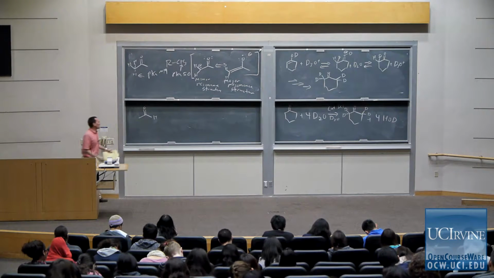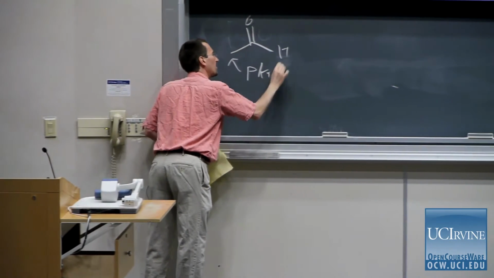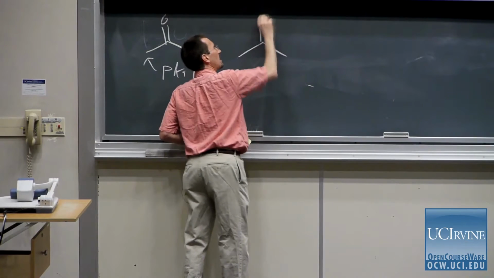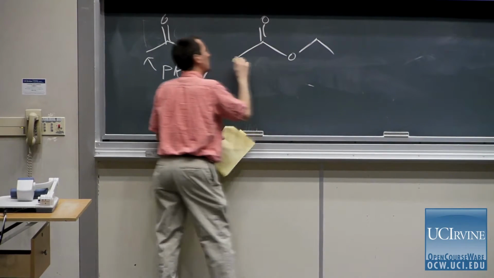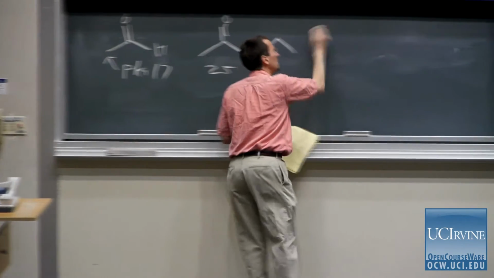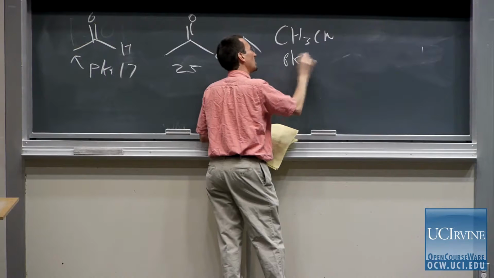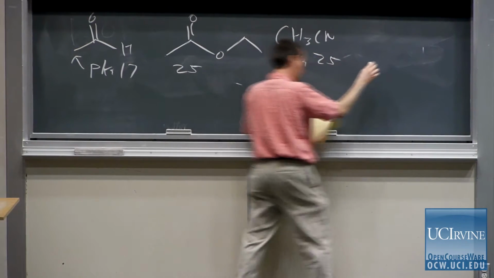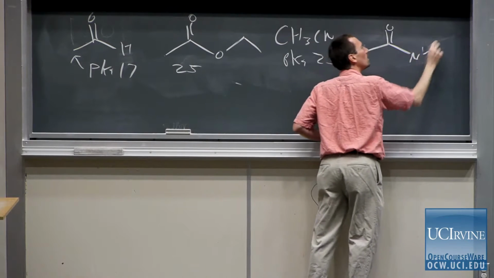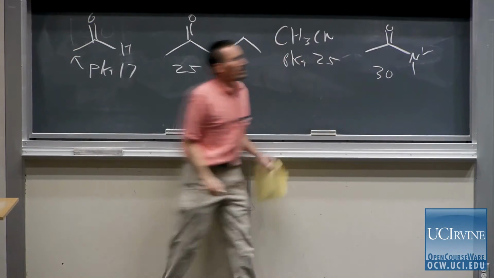Your textbook gives you acetaldehyde with a pKa of 17, ethyl acetate with a pKa of 25 for the methyl group, acetonitrile with a pKa of 25, and dimethylacetamide with a pKa of 30 for the alpha proton.